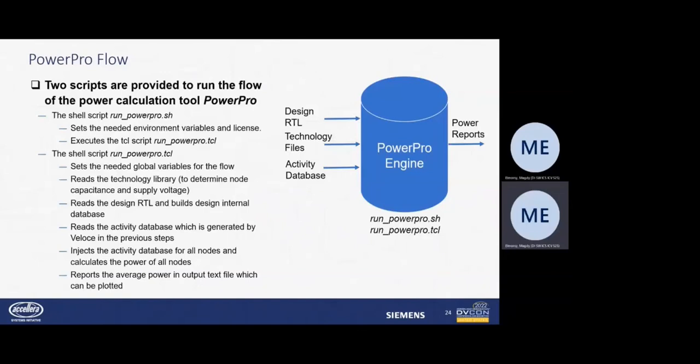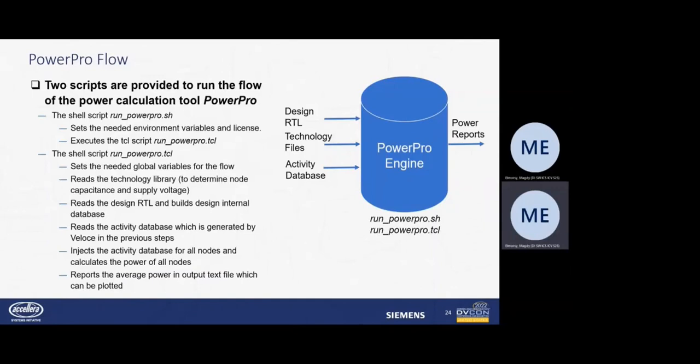The tool requires 3 main inputs: the design RTL, the technology files, and the activity database, which we generated by Veloce. Then the tool takes these 3 inputs and runs the engine in order to determine the power reports.